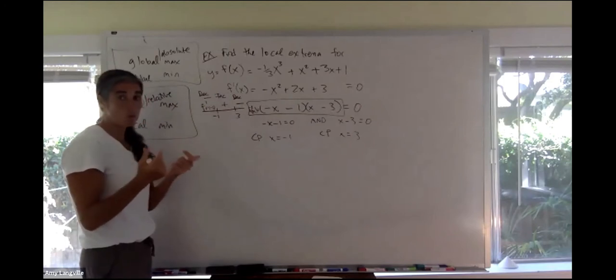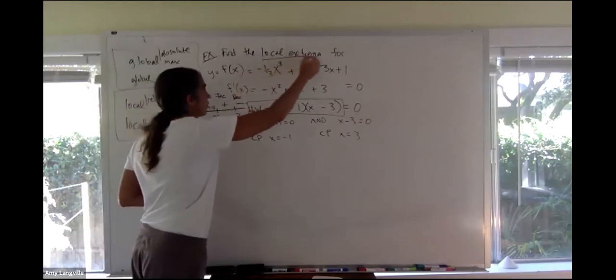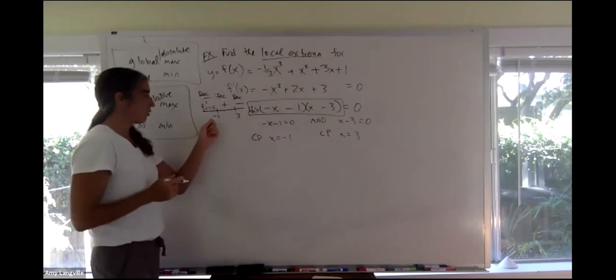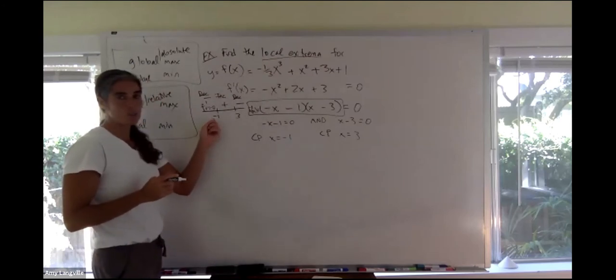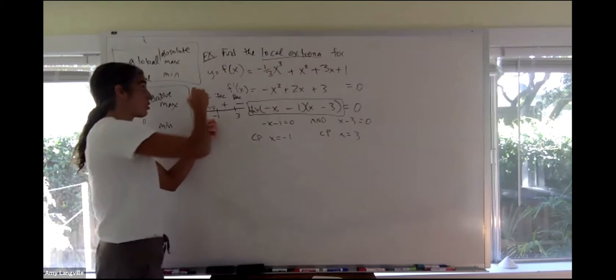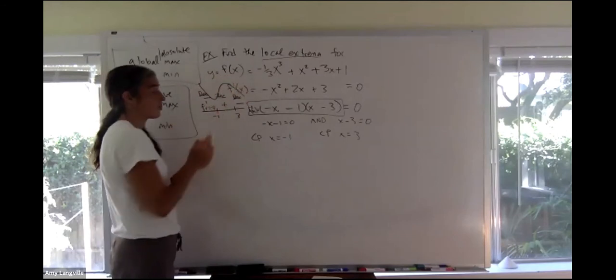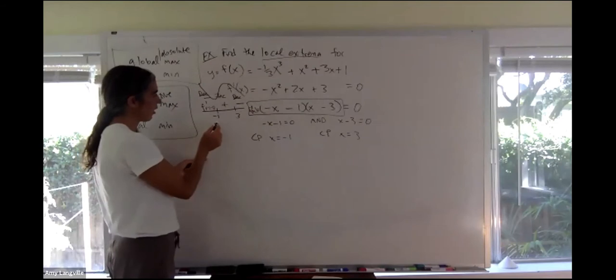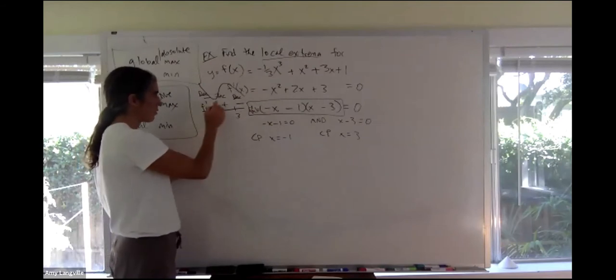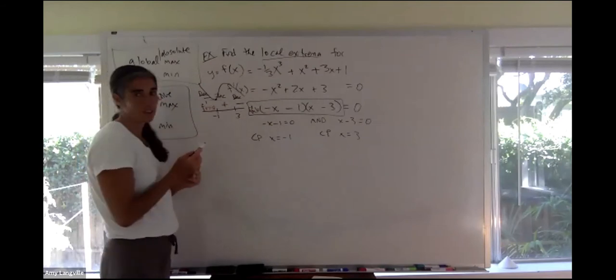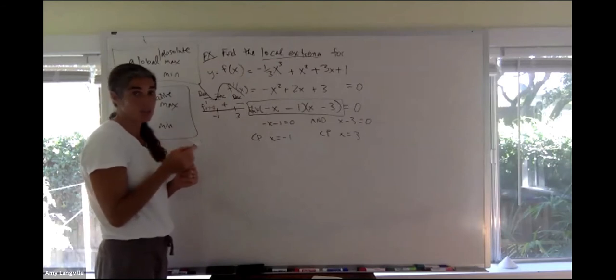But further, and what we want to do now, because we're trying to find local extrema, is I can now say something about this CP at -1. The function actually was decreasing, and then it starts to increase again, and then it decreases again. So it has this general shape. And what it means then about x equal -1 is it has to be, besides just having a horizontal tangent line there, it has to be a local min.